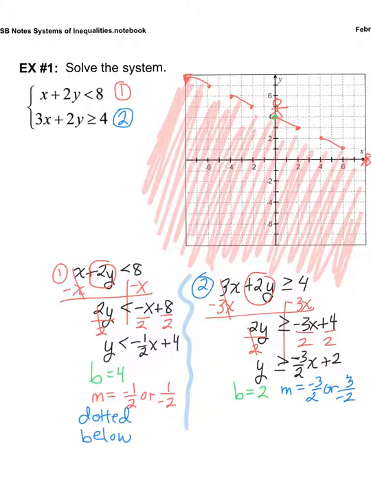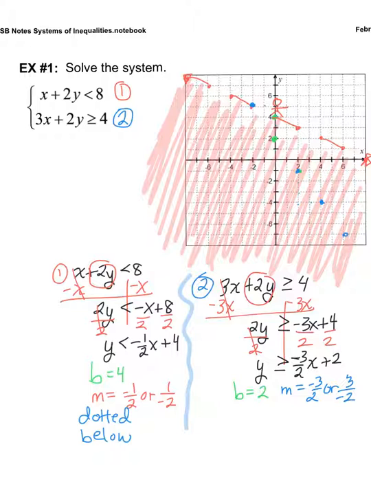So let's stair step that. Start at 2. I'm going to go down 3 to the right 2. Oops, I want that to be blue. Down 3 to the right 2. Down 3 to the right 2. And now we're going to go in the opposite direction. I'm going to go up 3 from the y-intercept, up 3, and to the left 2.